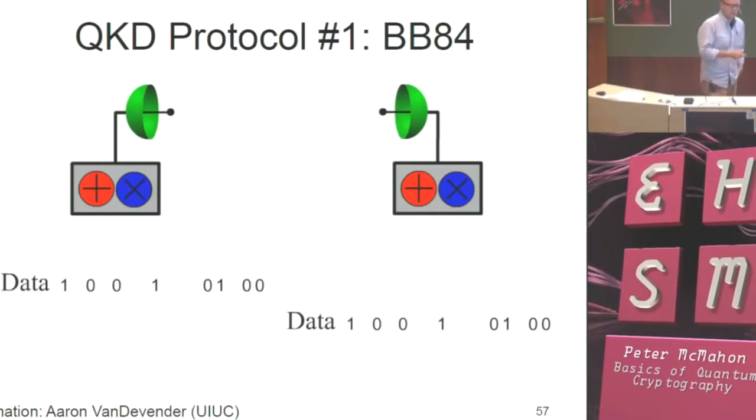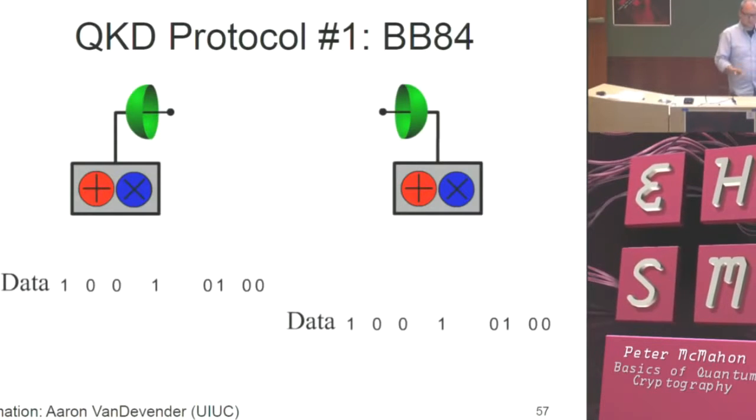And what they do to do this is they take some subset of these random strings that they have, and they check that they definitely match. Because by what I've just told you, they should match if no one interfered.